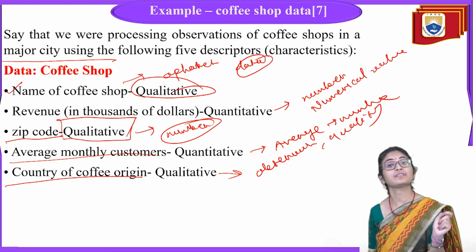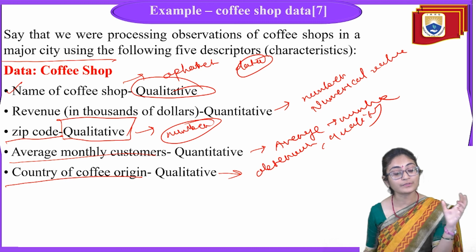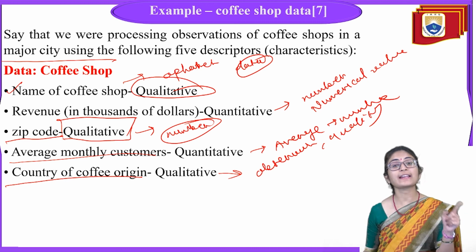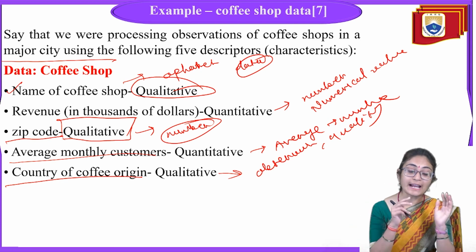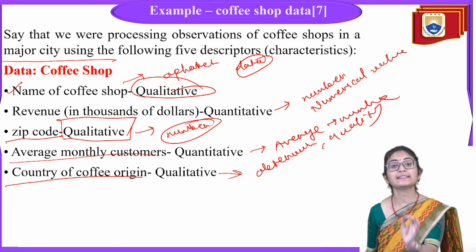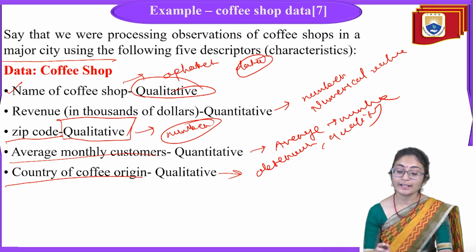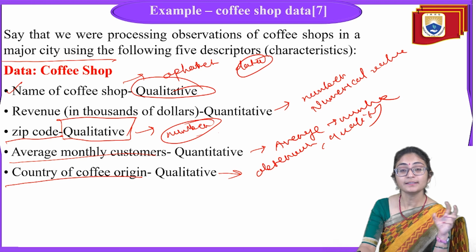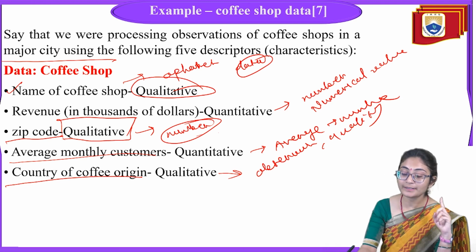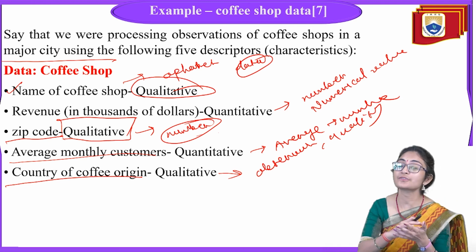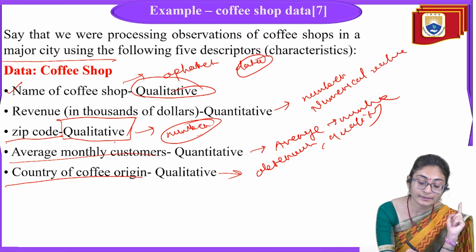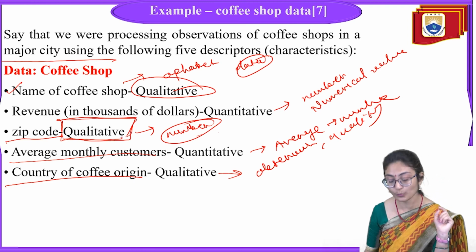It is showing the quality of the city, the quality of the area. That's why we cannot change it, so that data will always be qualitative data. It is not showing any quantity or any counts. That's why we say that data is qualitative data. It is showing only the quality.